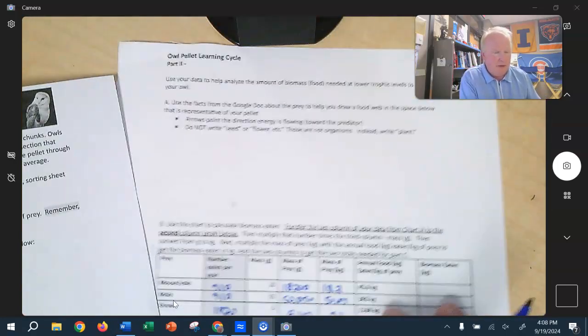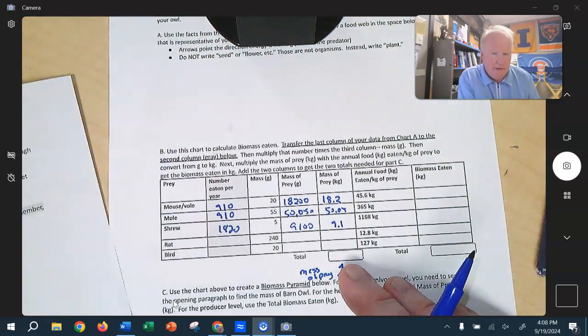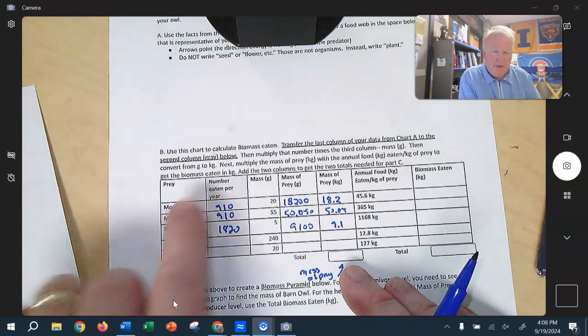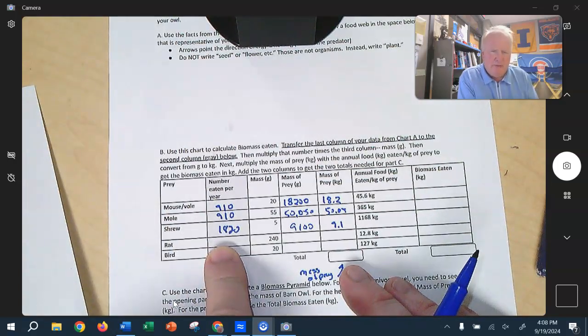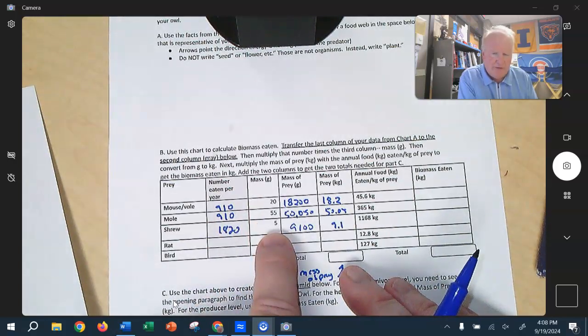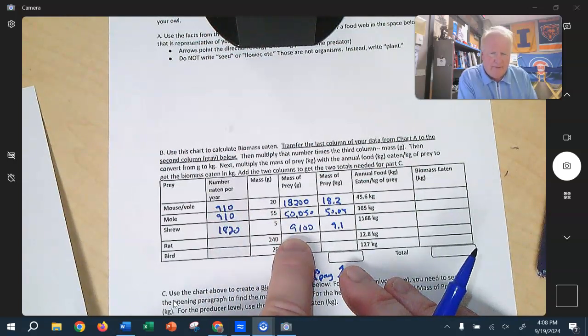All right, so then we got to the second page, and all of us who were here got to this point where we took the number from our first page, the 910, 910, and 820. We put them in, and then we saw, okay, these are how many they ate per year, but how much is their mass? And so we took the average mass of these animals, so we multiplied across to get these numbers right here.